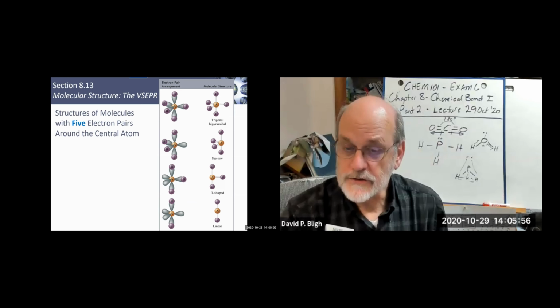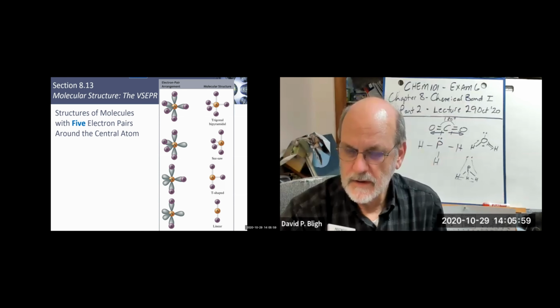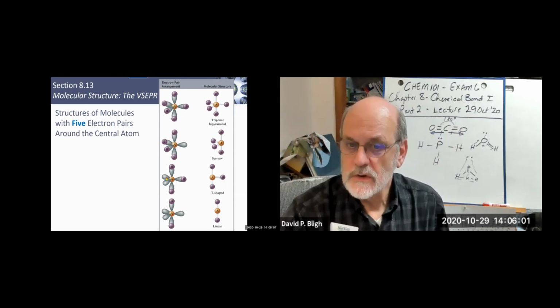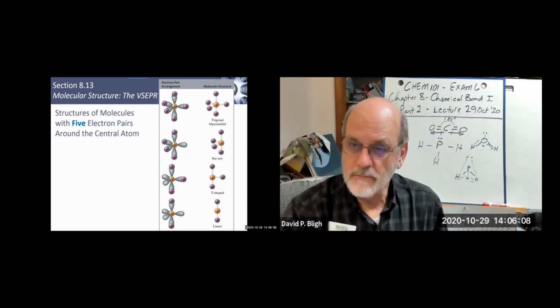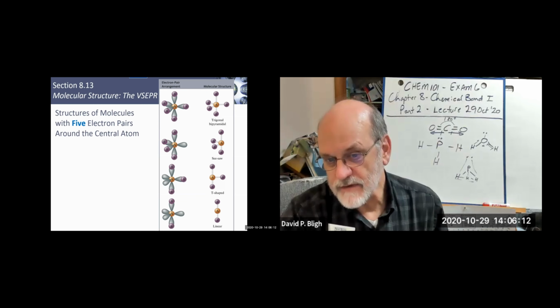Now, what if 2 are missing? Well, still we put those 2 in this position because it gives them more room. And if we then look at the molecule, after we cover up the lone pairs, we have this T-shape.